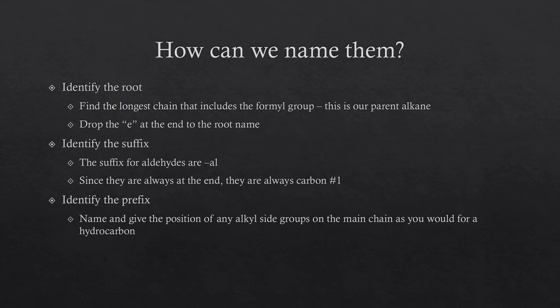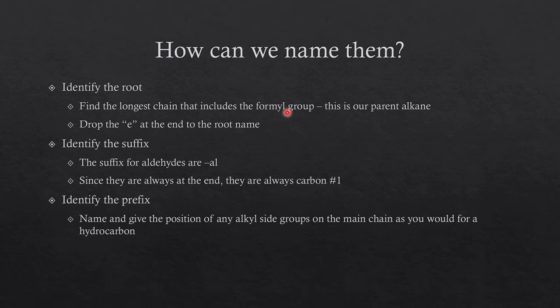So how can we name them? Again, very similar to the naming ideas for the other structures that we've gone through so far. First we need to identify the root, which is finding the longest chain that includes the formyl group. This now becomes our parent alkane.